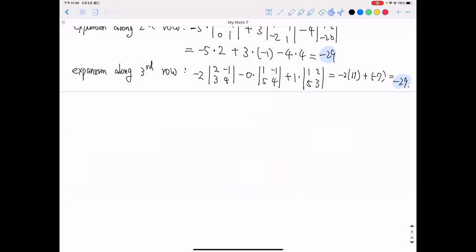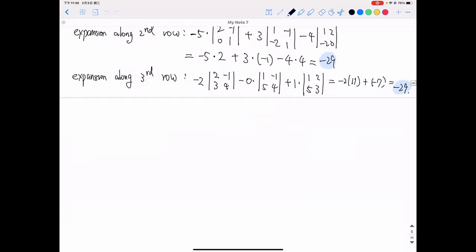Now let's recall the following definition of what we call the cofactor.